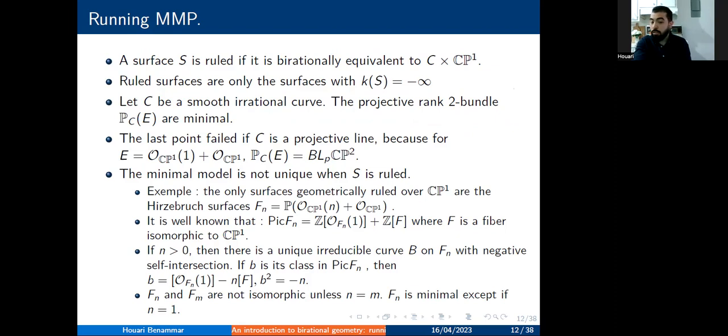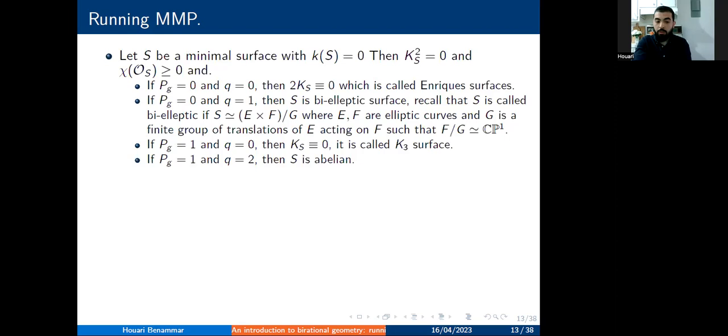And when C is rational, that means that C is CP1, we can take the Hirzebruch surface. But when the Kodaira dimension is non-negative, the situation is different. So we take S to be a minimal surface with Kodaira dimension equal to 0. Then, as a fundamental result, K squared is linearly equivalent to 0.